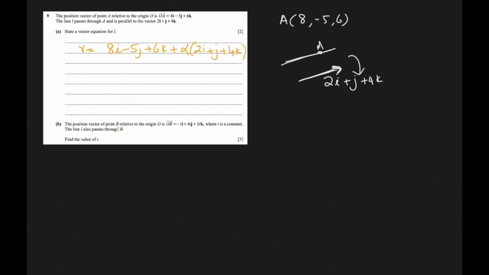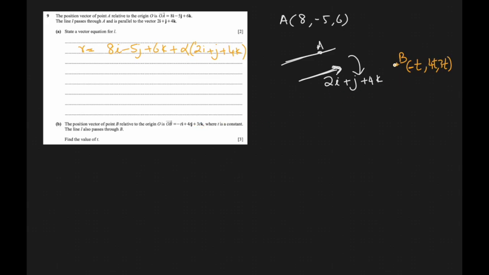The position vector of B relative to origin is this. So this is A. Suppose B is here, and this is its position vector. That means this is the coordinate of B: minus t, 4t and 3t.